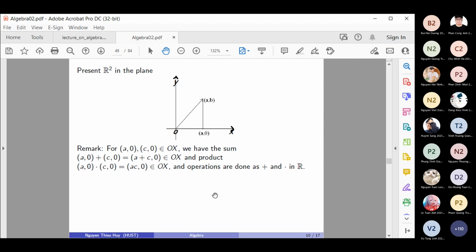So this means that we can identify every point in this horizontal axis with a real number. So I do the following identification: (a,0) with a.